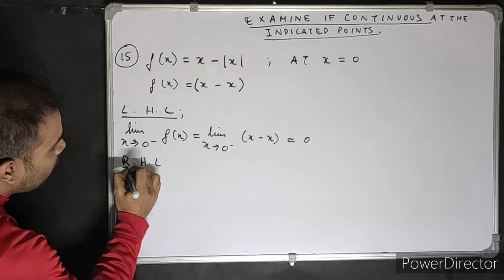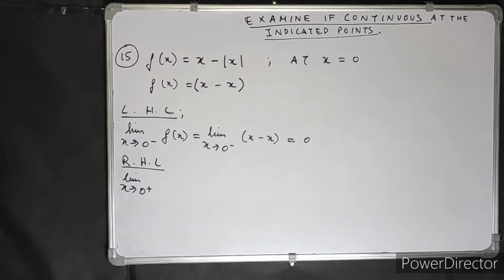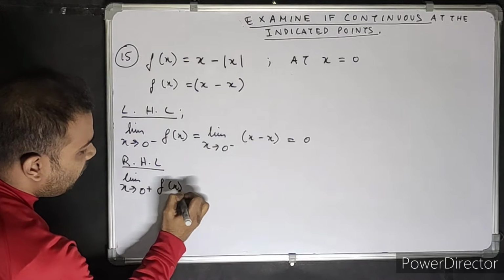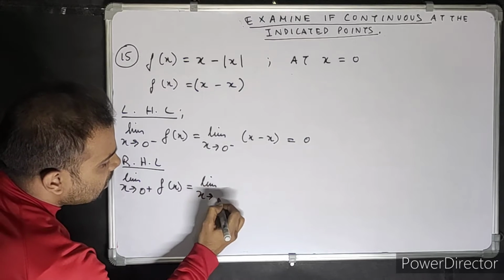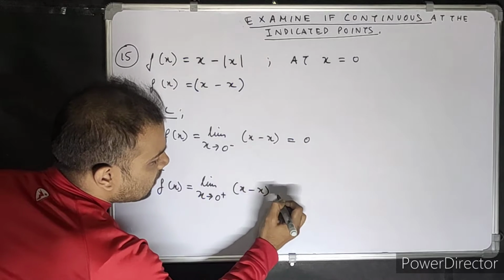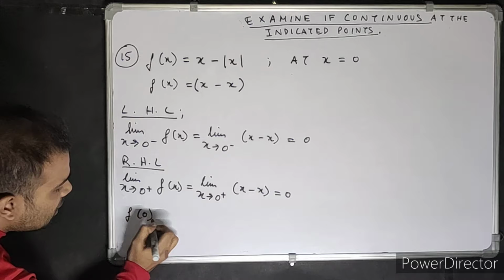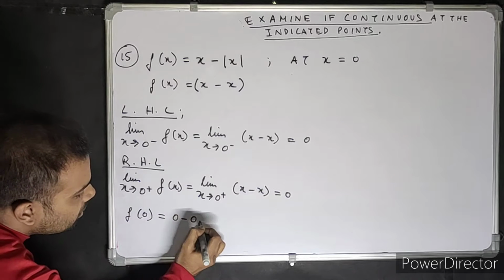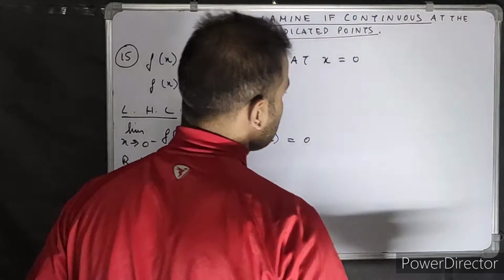RHL, limit x tends to 0 positive, f of x, right hand limit, x minus x, that is again 0. Then f of 0 is 0 minus 0, which is equal to 0. So all three are equal to each other, hence the function is continuous.